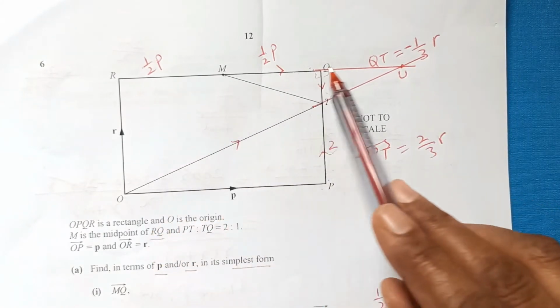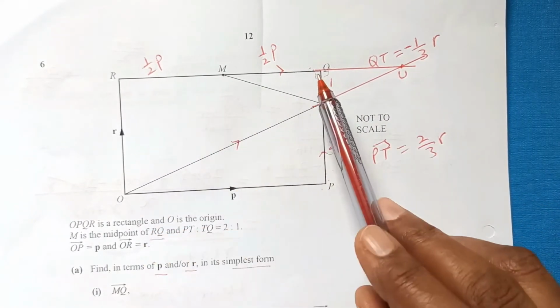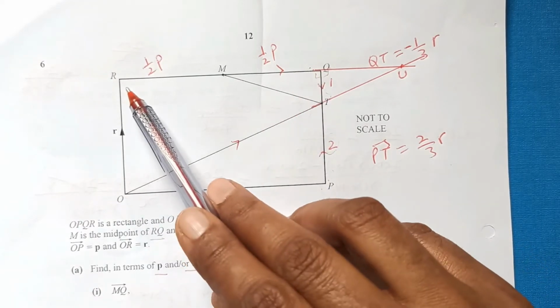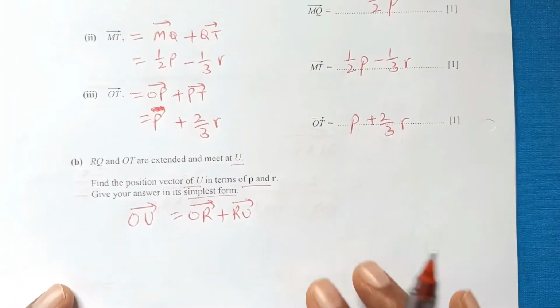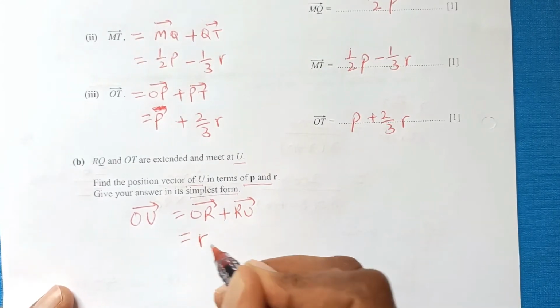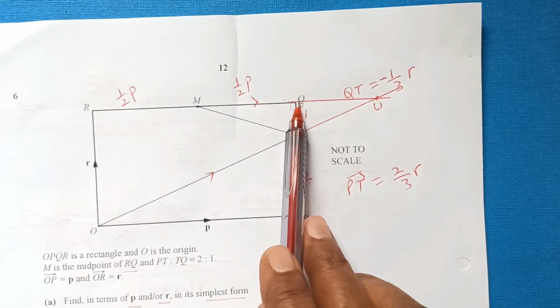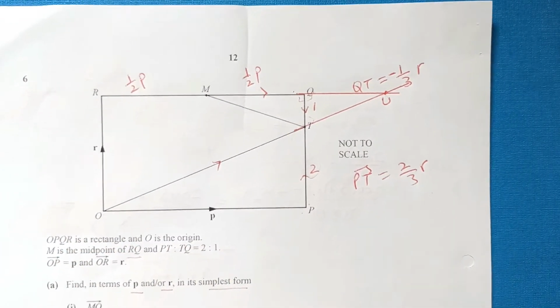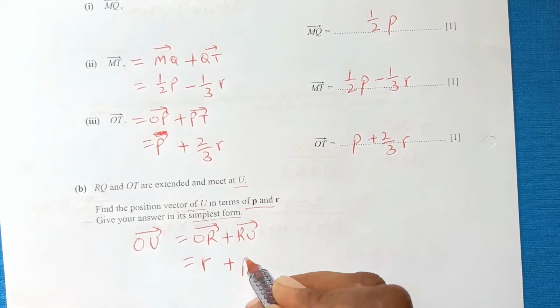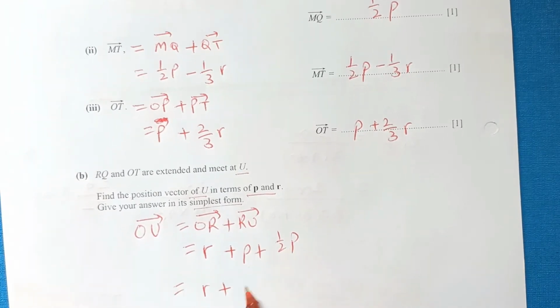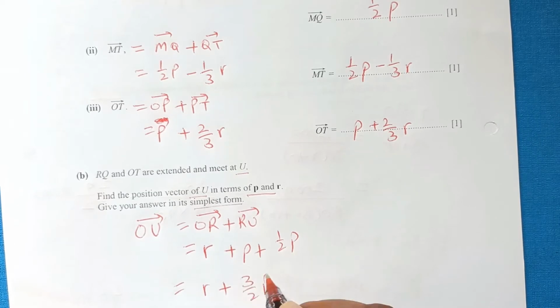OR is simply r. RU: this total is p and this is half of p, so this is p plus half of p, which is 3 over 2 p.